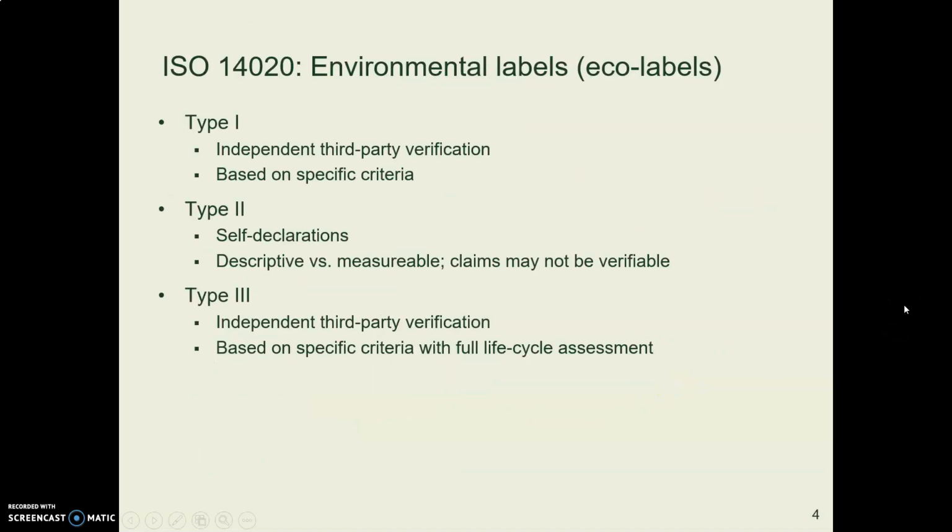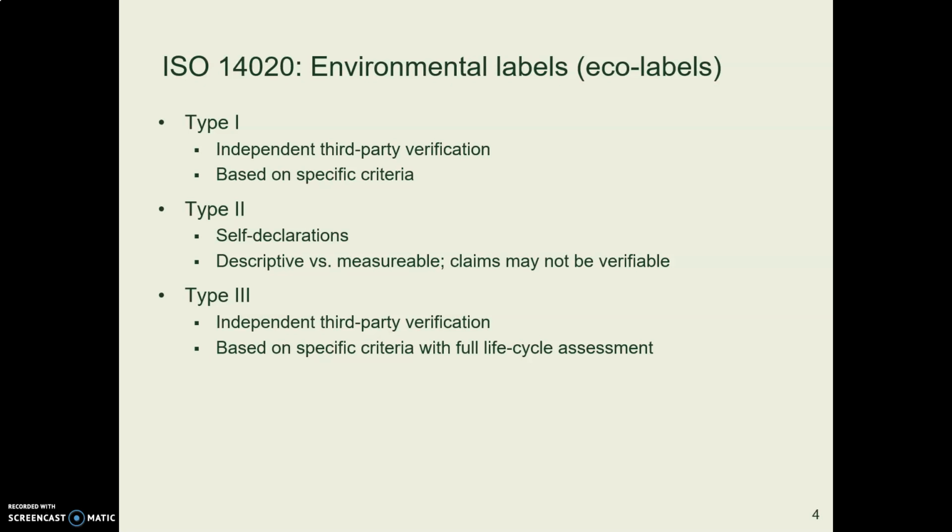And there are three general types of environmental labels, also known as eco labels. Type 2 is the one that doesn't do much. Type 2 is a label where the manufacturer makes its own declarations about its own self. And these declarations are not measurable.